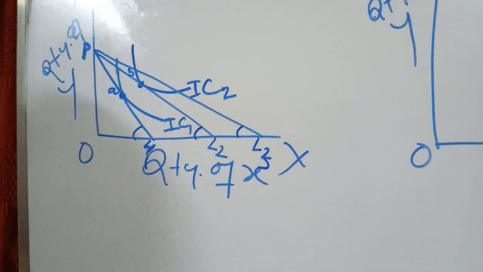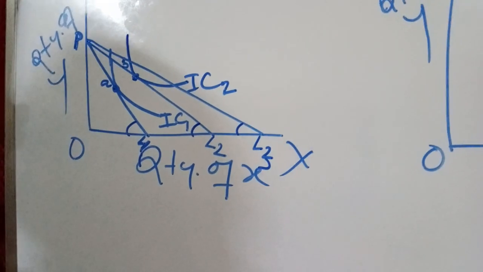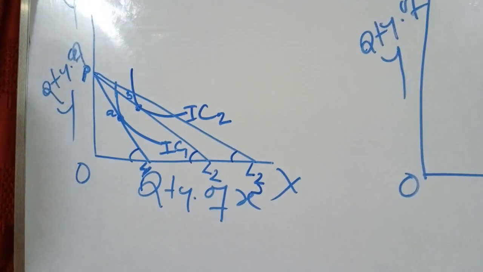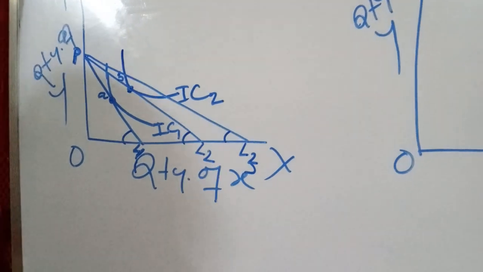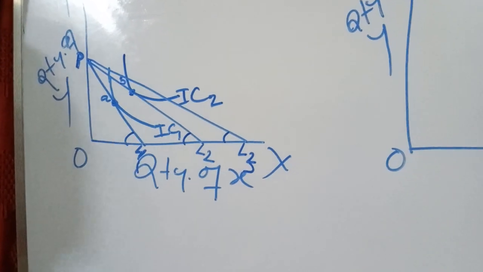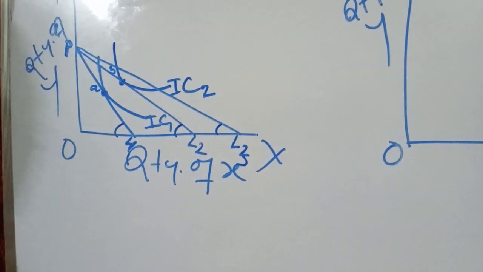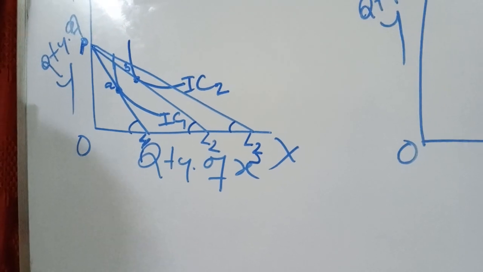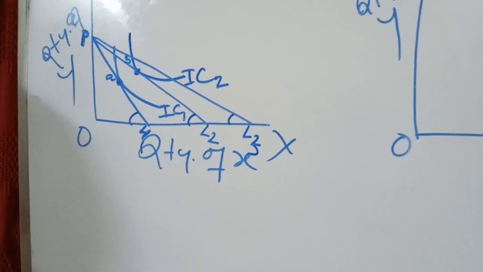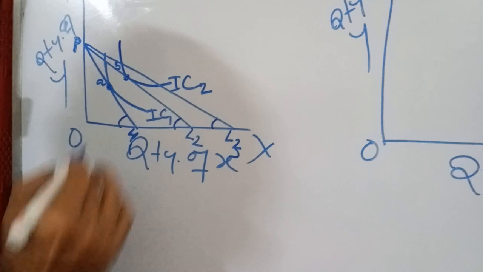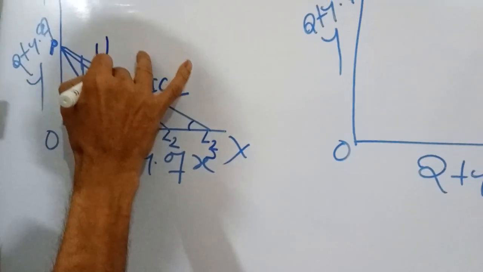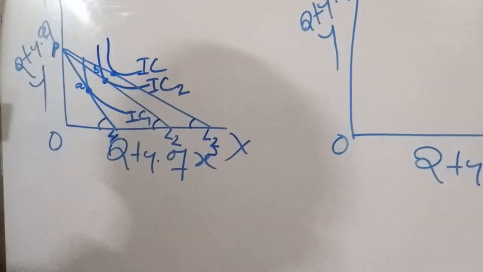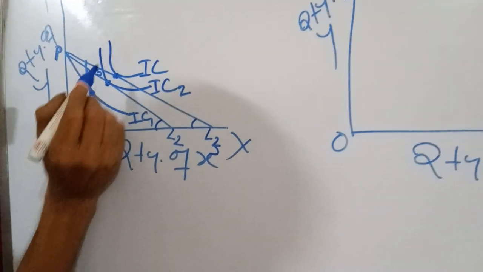Now, as price of X has fallen without any change in price of Y and money income, the consumer's real income has increased, which has increased the consumer's purchasing power, and with that increased purchasing power, the consumer will try to increase the satisfaction level and he will move to higher indifference curve, say IC3. And the new point of tangency is, say, C.